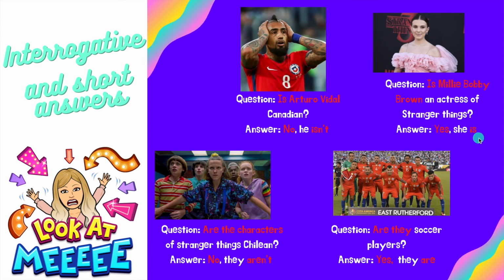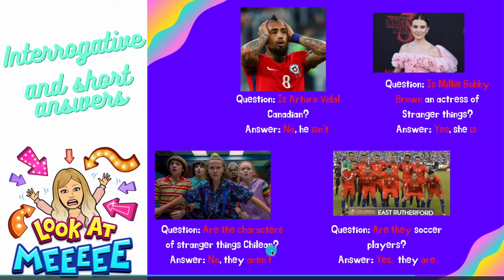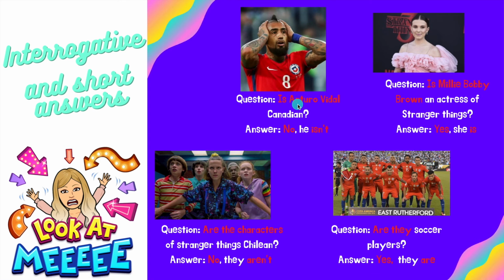Yes, she is. The third question, are the characters of Stranger Things Chilean? No, they aren't. And the final question is, are they soccer players? Yes, they are. So you have to pay attention to all the words that I underline in red, because those kinds of words are very, very important.